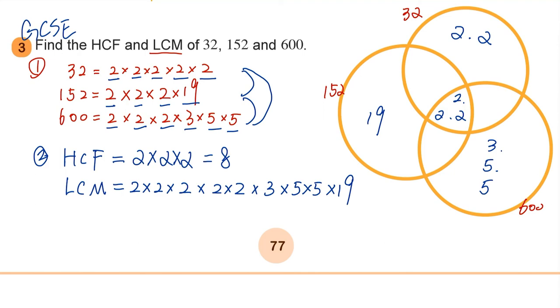And you're going to multiply all of them together. Okay, so this will be a quite big number. Instead of writing them down, you can also just write them in terms of powers. You would have 1, 2, 3, 4, 5 2's, and a 3, and 2 5's, and a 19. Okay, so that will be the answer for this question.